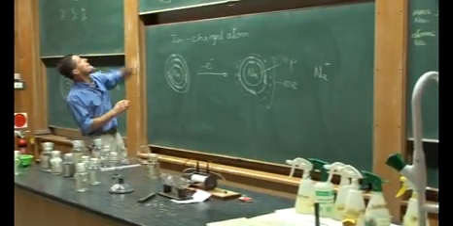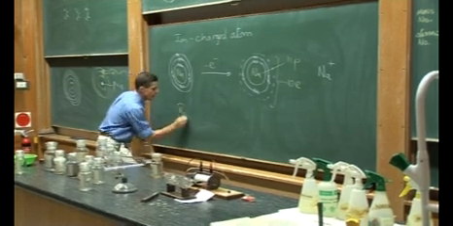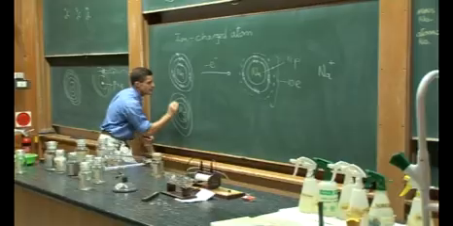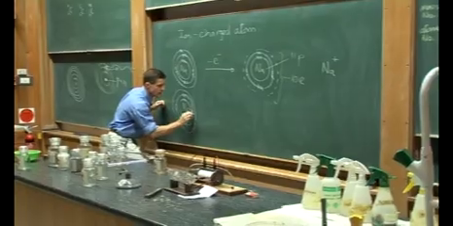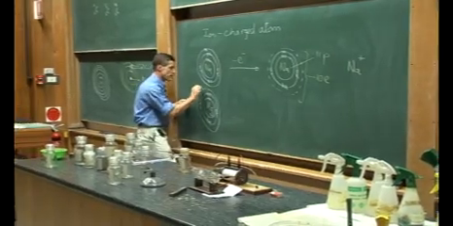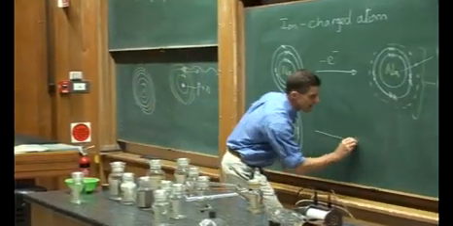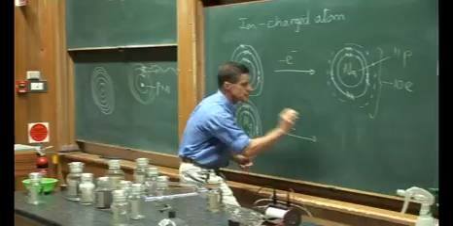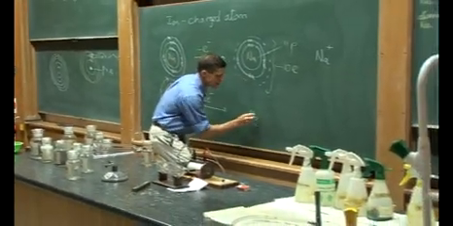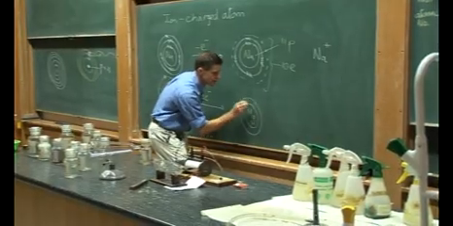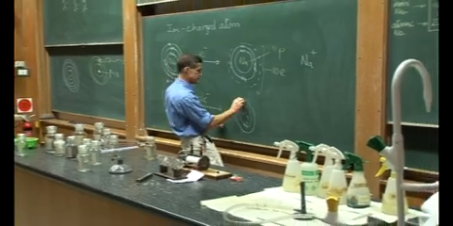If I took perhaps magnesium, you can see perhaps what's going to happen. Third row, 3 shells, second group, 2 electrons in the outermost shell. If by some means I remove 2 electrons, I strip magnesium back to the same electron configuration as neon.